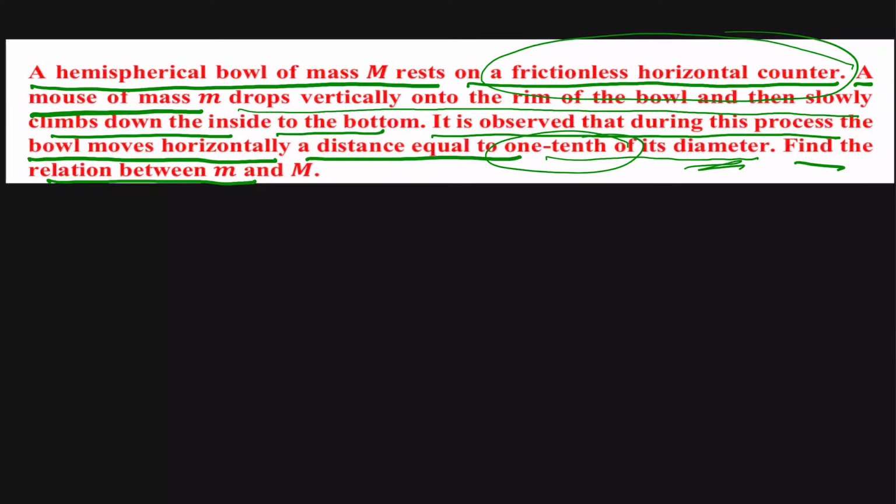And so we are given that our counter is frictionless. Counter is nothing but our table.